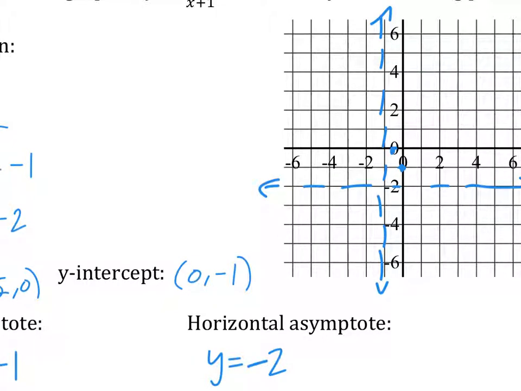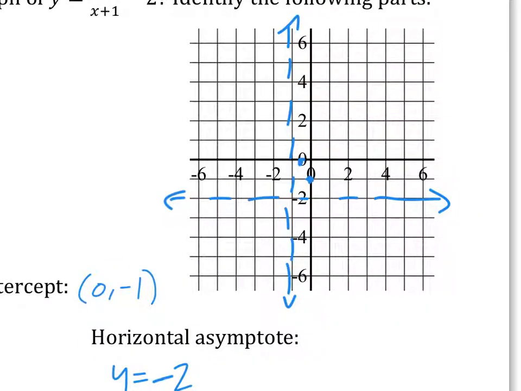Next thing is just try to draw the graph as best as you can. If you want to know exactly how it looks like, you have to put in more points. But at this point, it is as good as it is. So we're going to connect those two dots. And the line's going to go towards the asymptotes. And the other side is going to be the same. Just remember, they're always across from each other. And that's it.